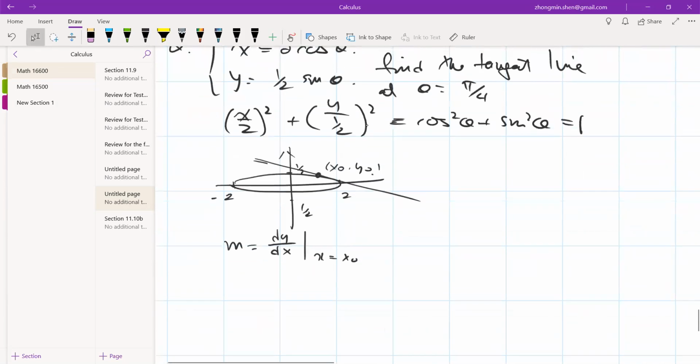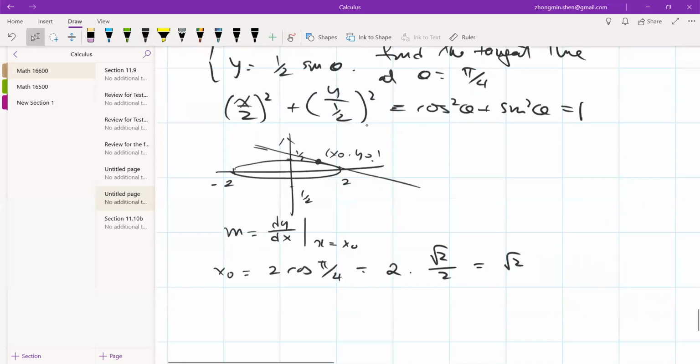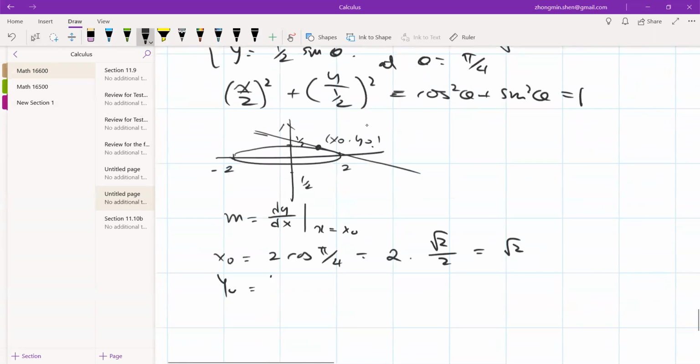The point is when x is 2 cosine pi over 4, which is 2 times square root 2 over 2, just square root 2. The y naught is 1/2 sine pi over 4, which is 1/2 times square root 2 over 2.